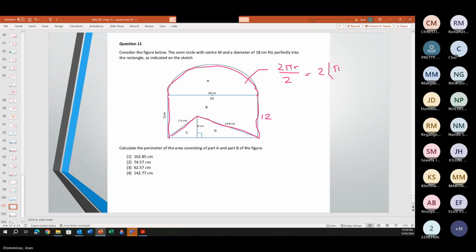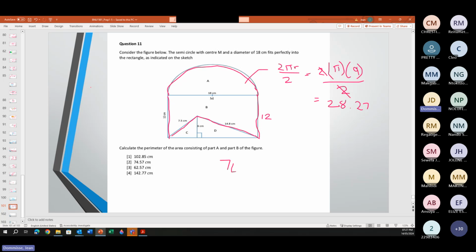Pi, and the radius is 9 because it's half of the diameter. So in this instance, the 2 and the 2 would have cancelled out. So for that semicircle, it is pi times 9, which is 28.27. So 28.27 plus 12 plus 14.8 plus 7.5 plus 12 again.